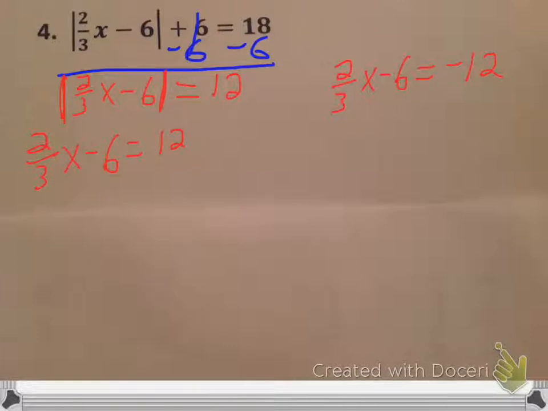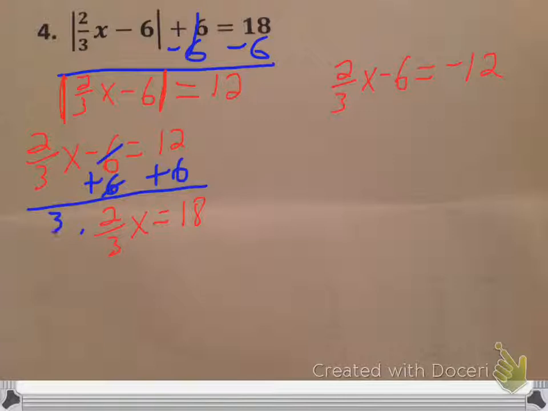Now I start to solve, so I want to get rid of the 6 and get the x by itself, so I go plus 6 and plus 6. The 6's cancel. That leaves us with 2 over 3x, and then 12 plus 6 is 18. Now I need to get rid of that 2 thirds, so I'll multiply by the reciprocal, 3 over 2 and 3 over 2. 3's cancel, 2's cancel.